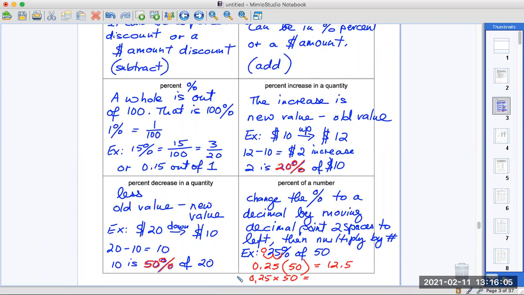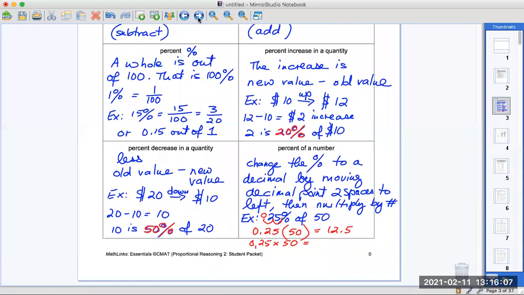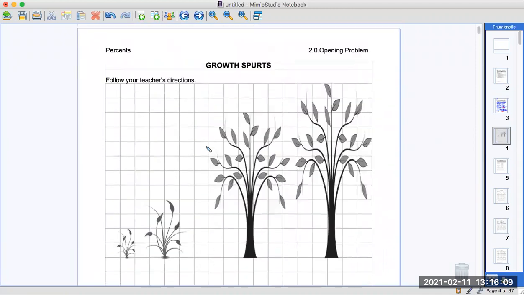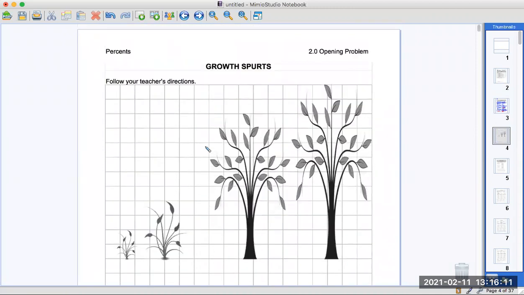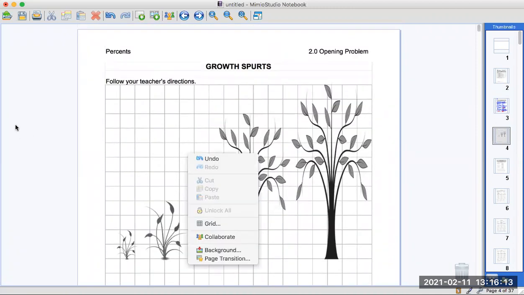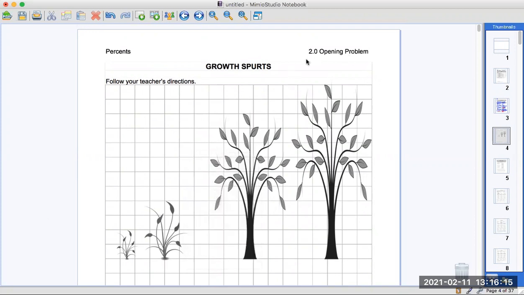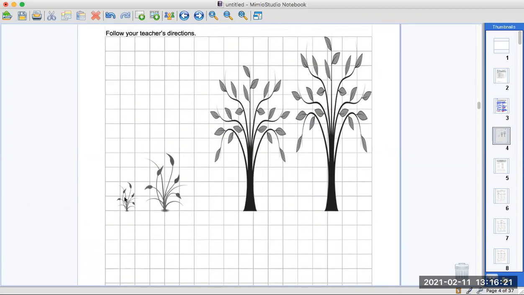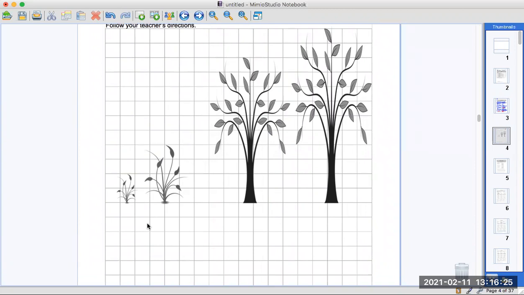Okay, let's go to the next page, and it's about this picture. So on top, we're going to put homework, but I'm going to give you the question I want you to ask yourself. So we have the little plant here and the tree. The plant was originally 2 feet tall, and now it's 4 feet.